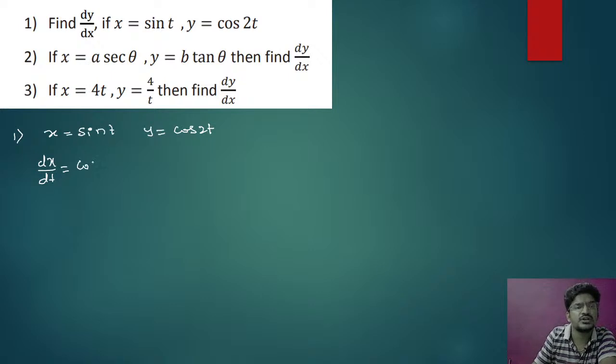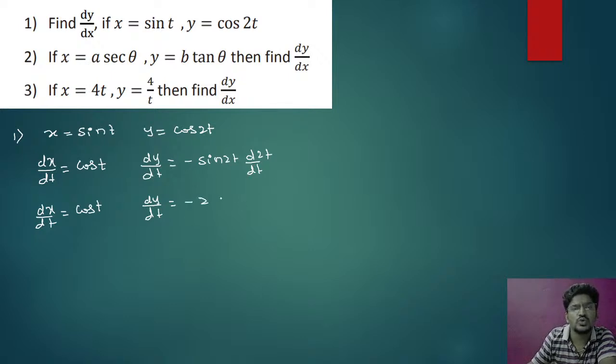Differentiation of sin is cos t. Calculate dy by dt. That will be minus sin 2t into d by dt of 2t. So therefore dx by dt is cos t and dy by dt is, differentiation of 2t is 2, so minus 2 sin 2t.